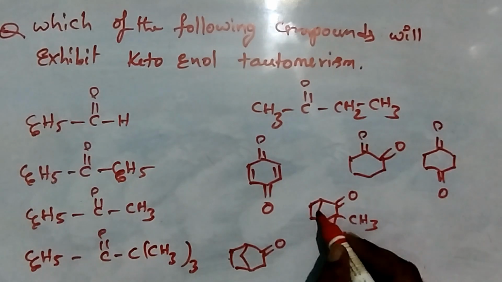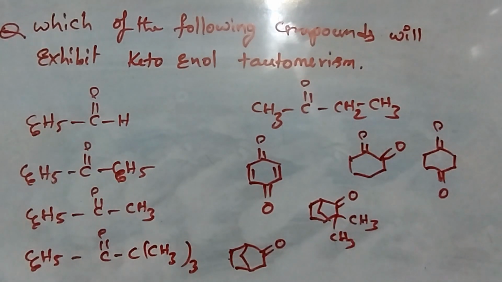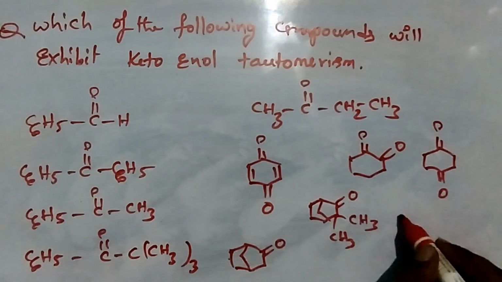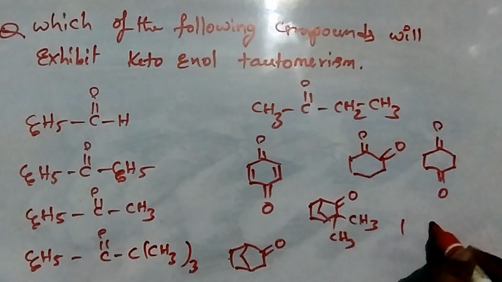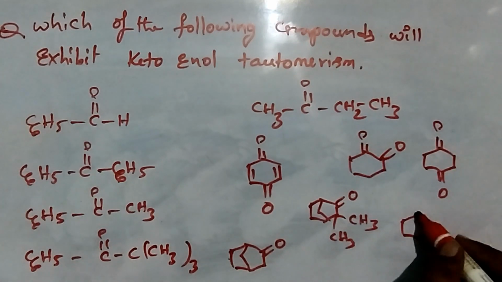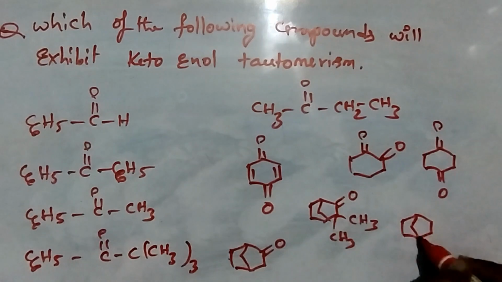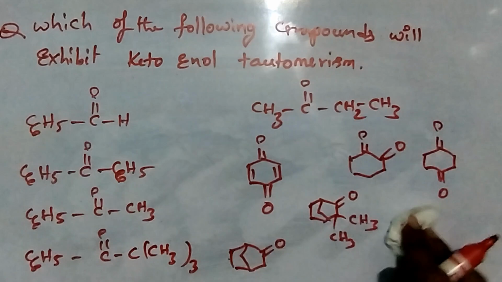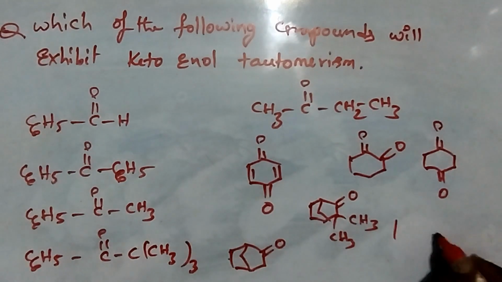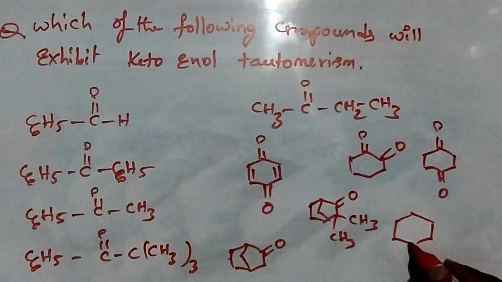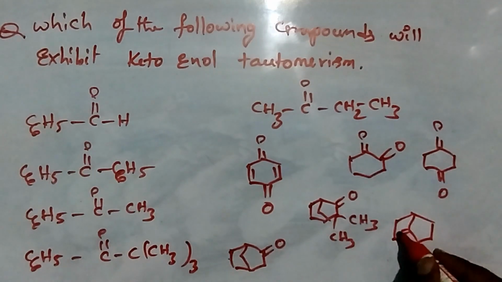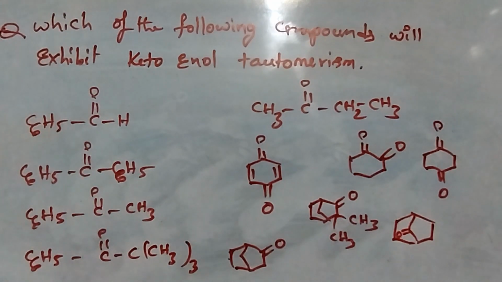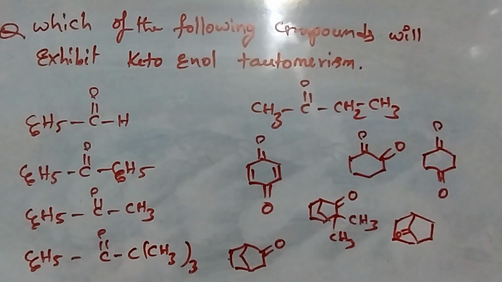This also is a bicyclo compound. Okay, another is C6H5, here double bond O inside unbridged carbon. Okay, so now which of the following compounds will exhibit keto enol tautomerism?